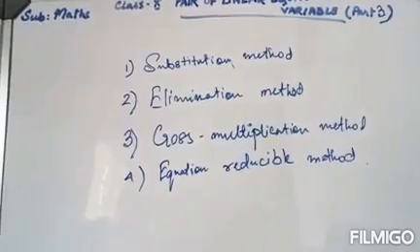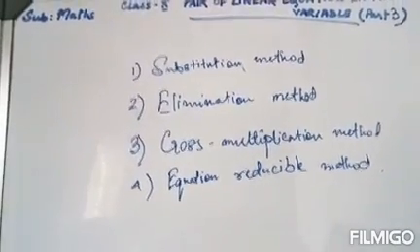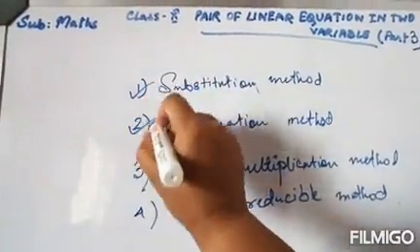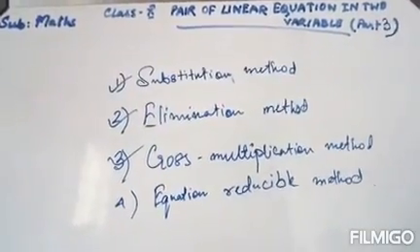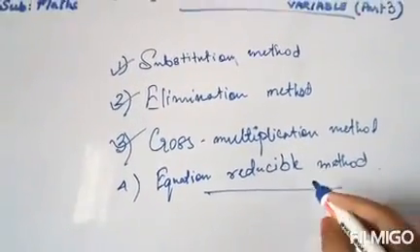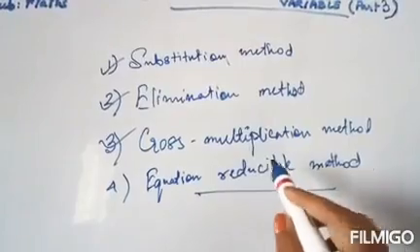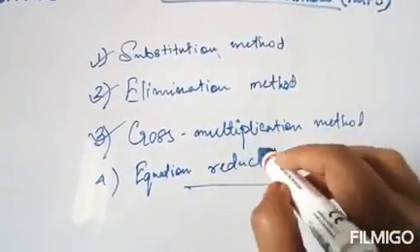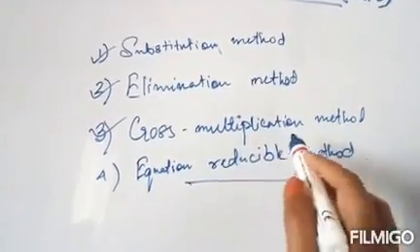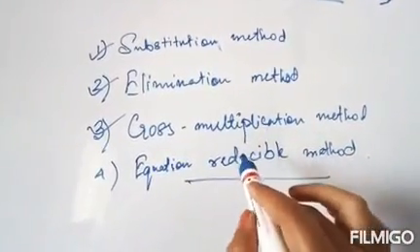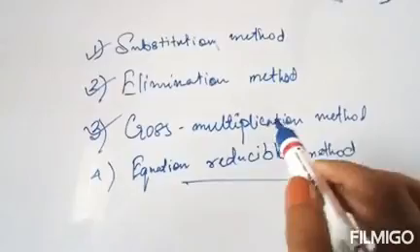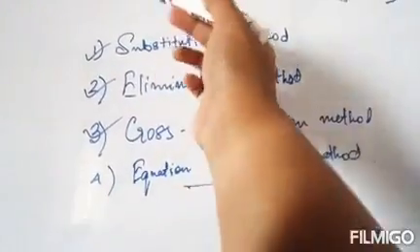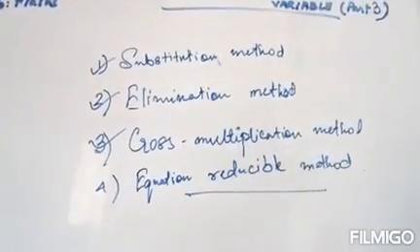Now these three are the basic ways of solution, and this reducible method is a little bit different from all the three. Initially it will be a little different, but at the end you will be using any of the three methods.